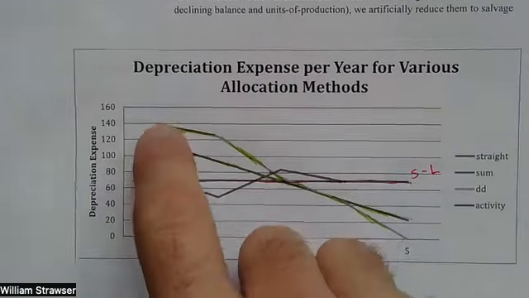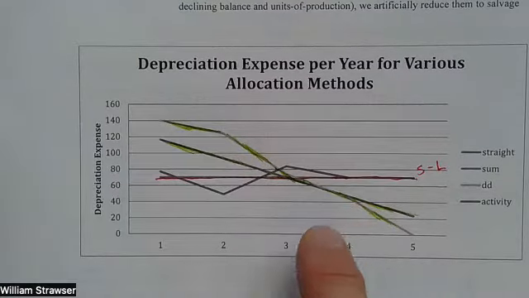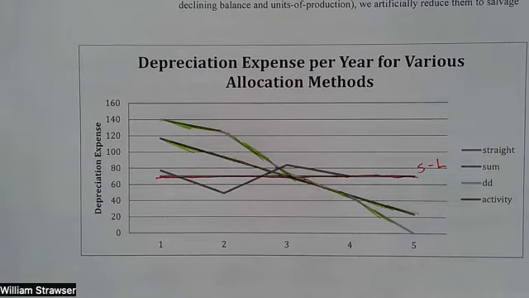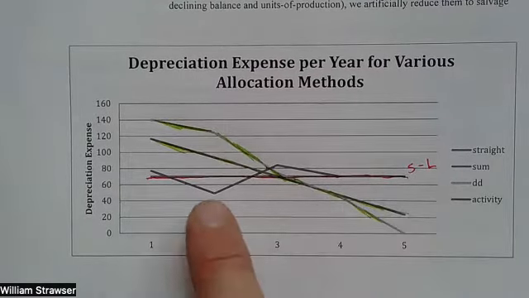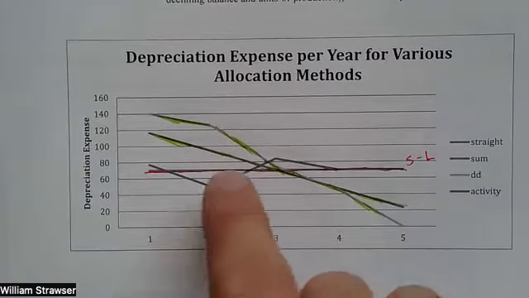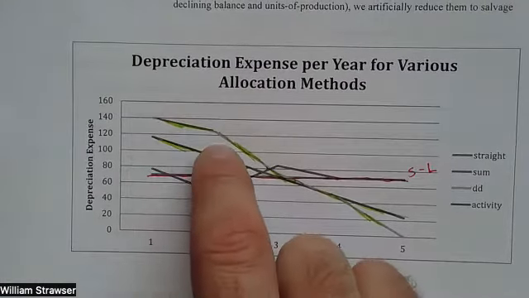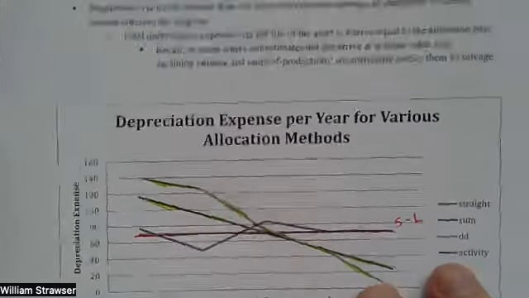Well, if I do more in the first years, then I'm going to eventually do less, because all I'm going to do in every single one of these scenarios is recognize $10 million of cost in depreciation expense. It's just about whether I want to do it straight line every year for 5 years at 2 million per year for a $10 million asset, or if I want to start out high and recognize a substantial portion of that cost in the first years, well, then I have less of that 10 million remaining in the final years.